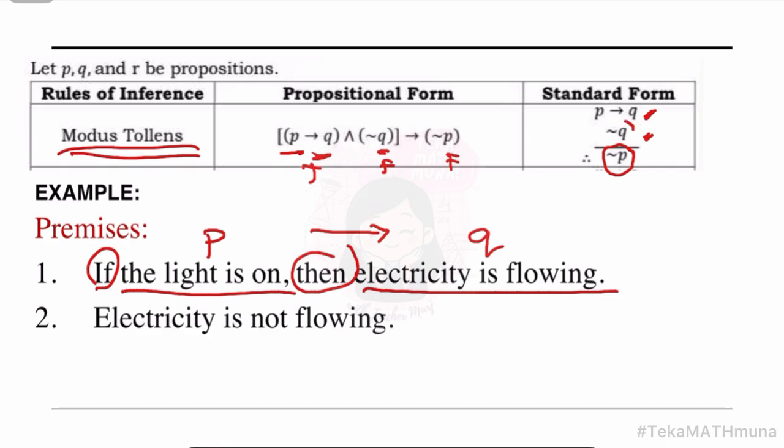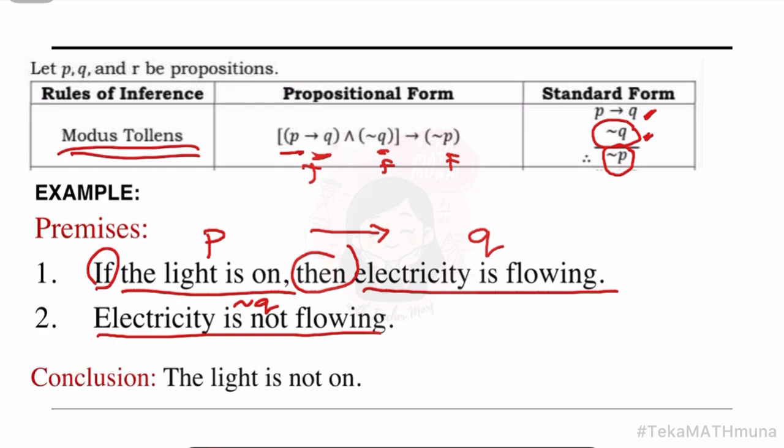We negate the proposition Q, so we have electricity is not flowing, which is not Q. So the conclusion will be not P, that is, the light is not on. So this is not P.